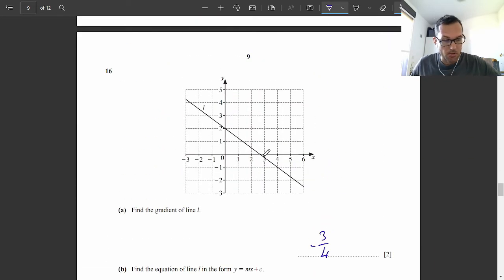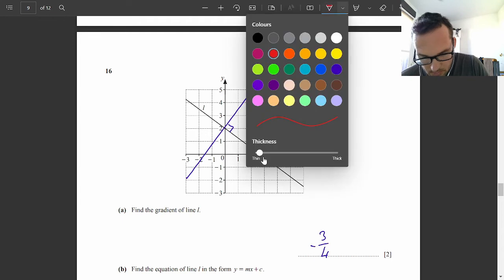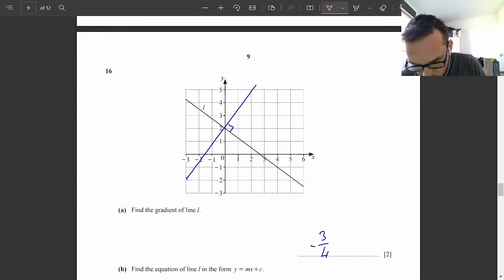So let's draw a perpendicular line. It's not going to be in the right place, but we're just drawing to see what happens to the gradient. If we have a perpendicular line there, which means a 90-degree angle, let's see what's happened to the gradient. We make our right angle triangle here.